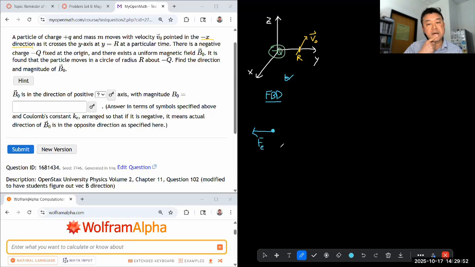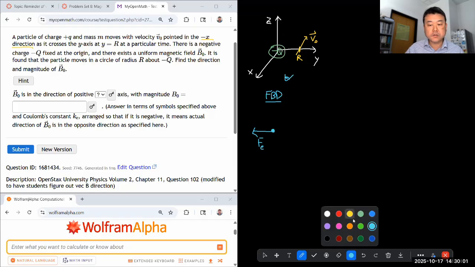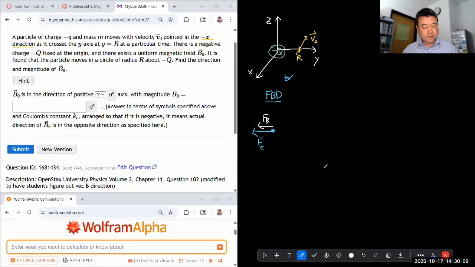And let me just assume that the magnetic force, however it's set up, is going to be in the same direction. If somehow my guess turns out to be wrong, then when I finish calculating the value of the magnetic field, I'll probably get a minus sign. Then I can just flip everything.